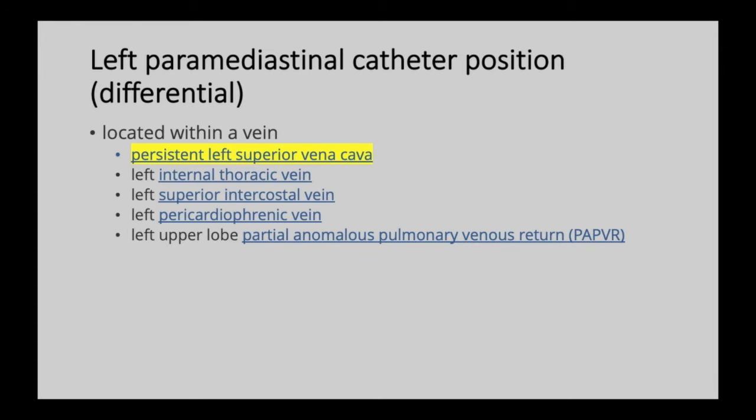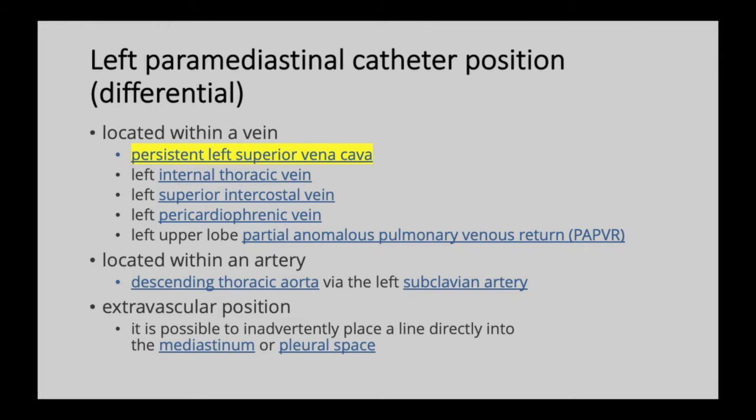If the blood sample returns as venous sample, these are the differentials: persistent left-sided SVC, or catheterization of a tributary of the superior vena cava, for example, internal thoracic vein, superior intercostal vein, or a pericardial phrenic vein, or catheterization of a partial anomalous pulmonary venous return, or it could be located within an artery, or extravascular position, for example, within the mediastinal or pleural space.